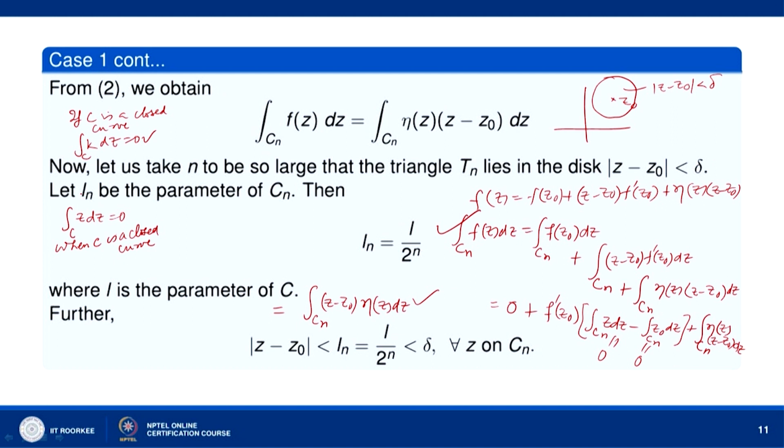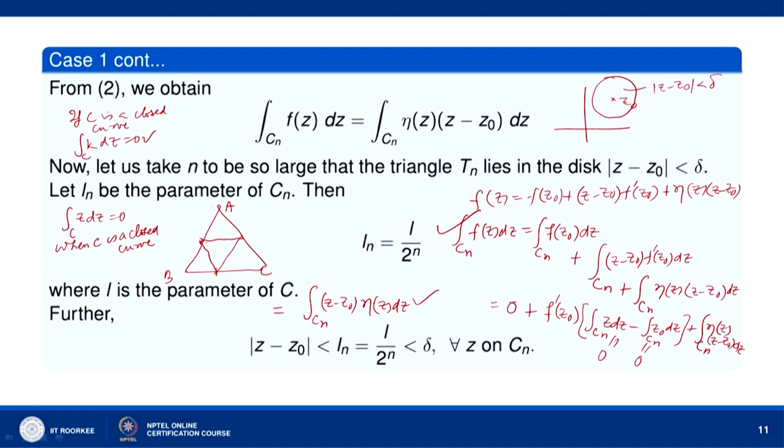Let us say Ln is the perimeter of Cn. Then Ln will be equal to L by 2 to the power n, where L is the perimeter of C. Why? Because this was your triangle ABC. By joining the midpoints of the sides of the triangle, we obtained 4 congruent triangles.